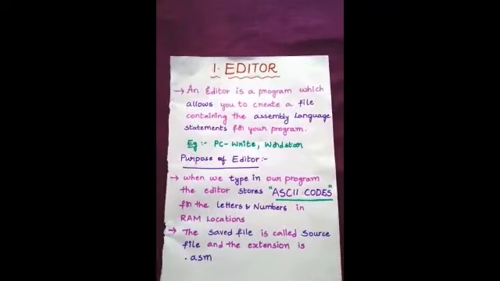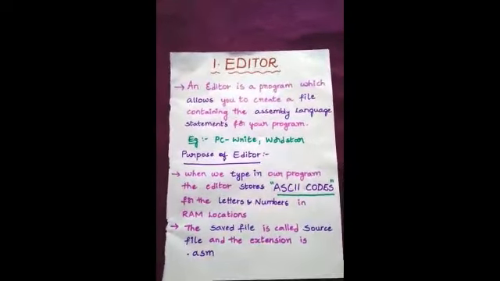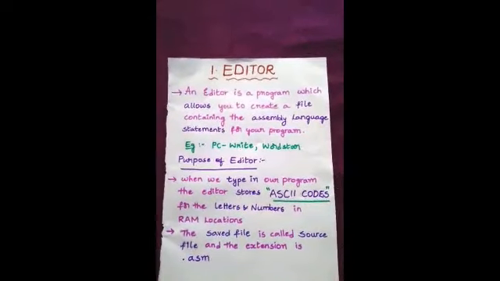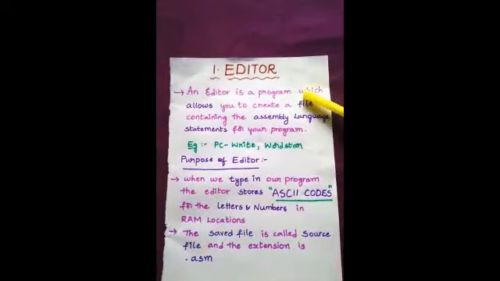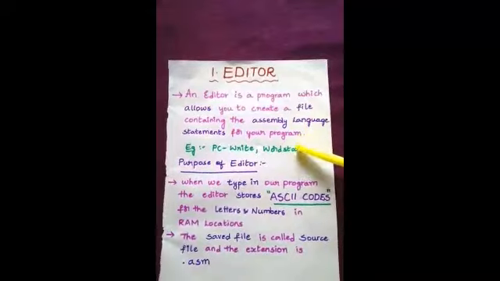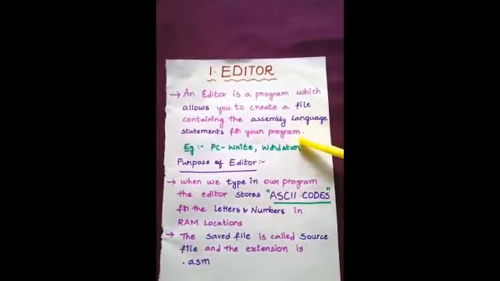The first programming development tool we want to discuss is editor. What is the definition of an editor? An editor is a program which allows you to create a file containing assembly language statements for your program.